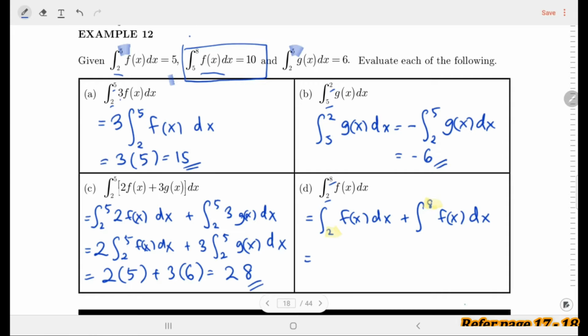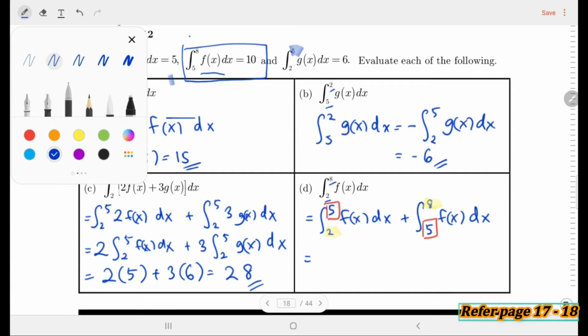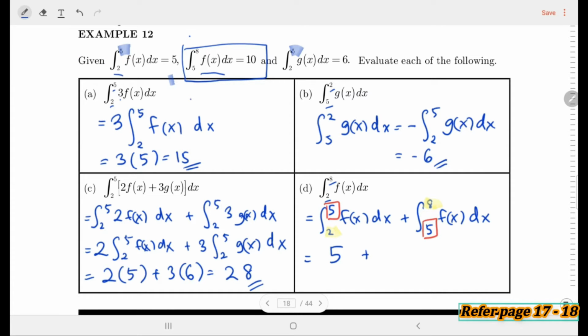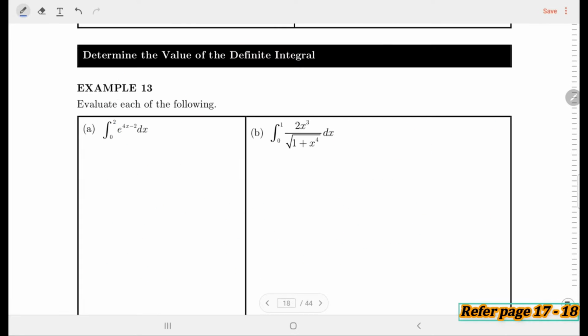So we choose the same limit here, 5, because this is the only limit given in the question. So 2 to 5 f(x) dx is 5 plus 5 to 8 f(x) is 10. The answer is 15.